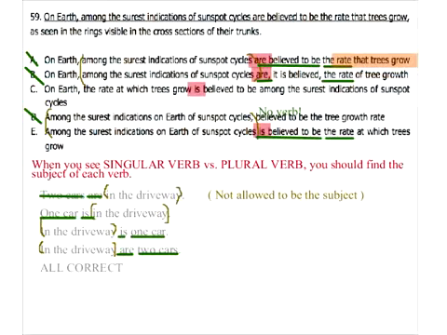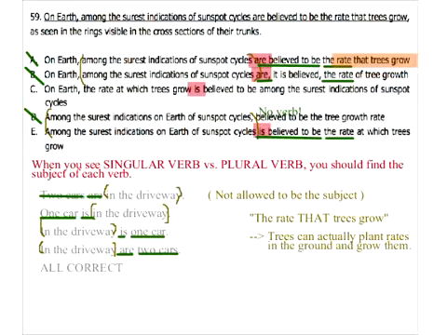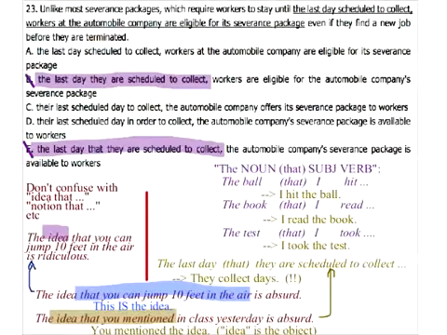Like the rate that trees grow would mean that trees can actually plant rates in the ground and grow them. So that doesn't make any sense, right? Trees don't grow rates. So the rate that they grow, not okay. The reason this is challenging is because people talk like that.